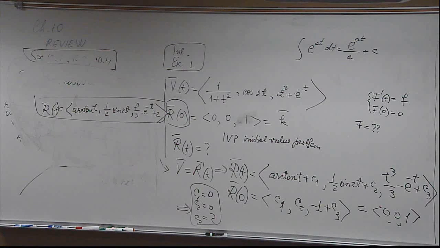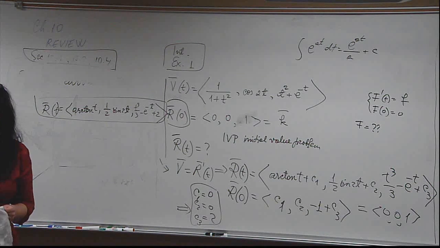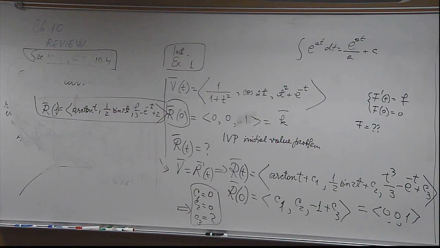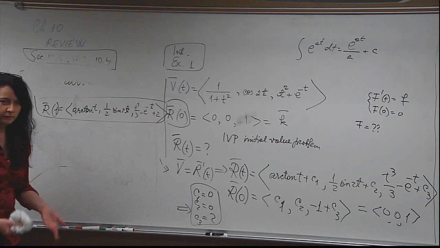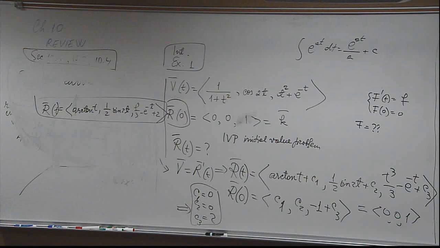Similarly, if somebody gives you the acceleration of a law of motion, and gives you some initial values, you have to find first the velocity, going backwards one step, and from the velocity, going backwards a second step, get the position vector.